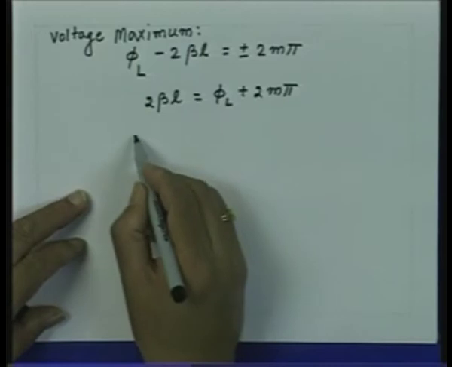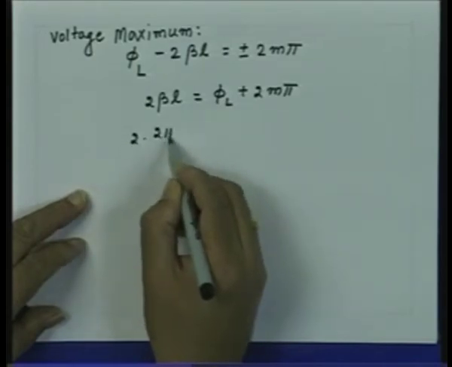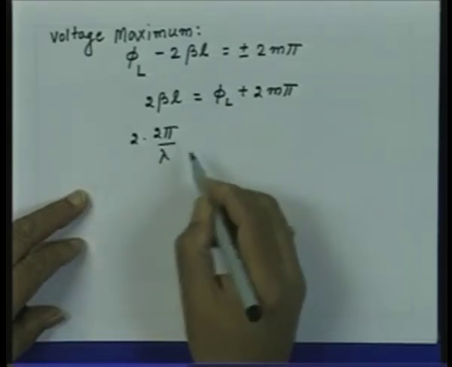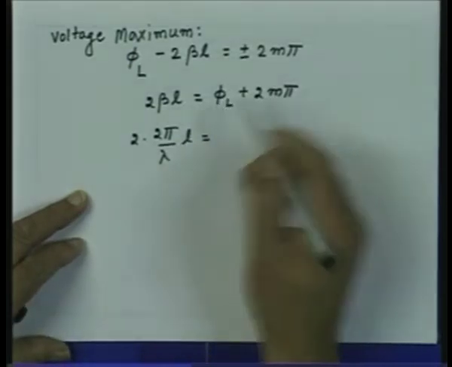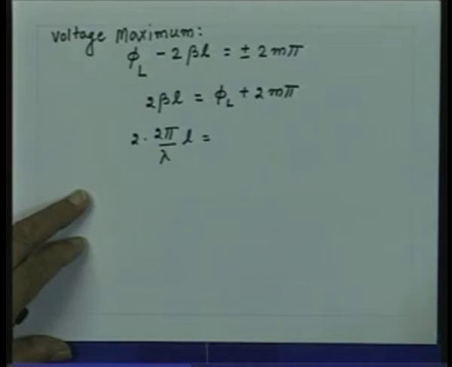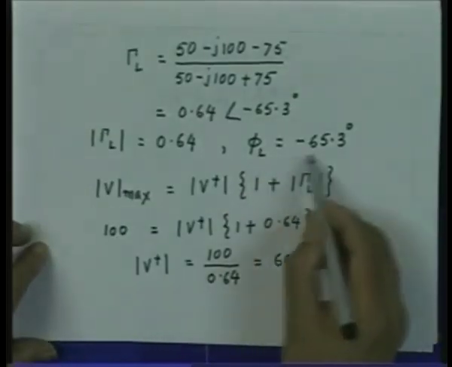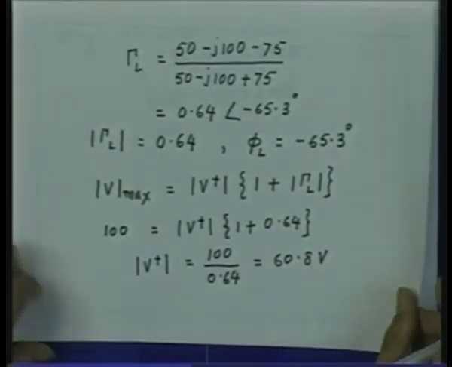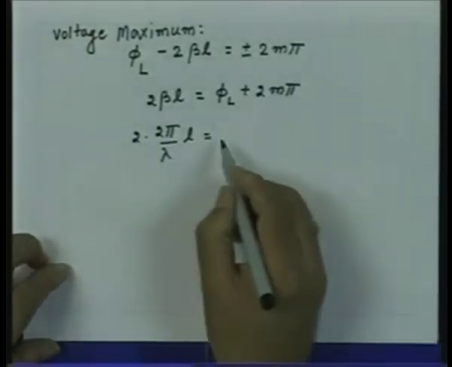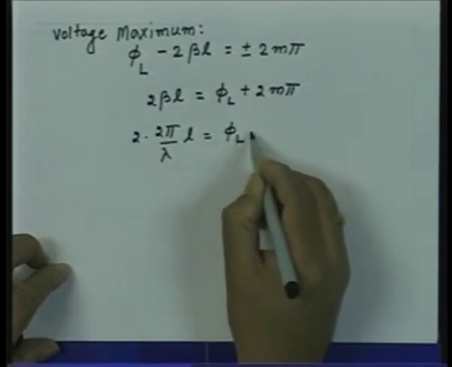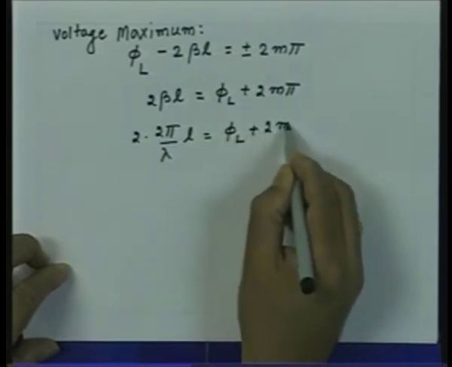Substituting now for beta, that is 2 pi by lambda, and substituting for the phase of the reflection coefficient which we have calculated here, which is minus 65.3 degrees, we can get now the location of the voltage maximum. So, let us keep it as phi L plus 2 m pi.